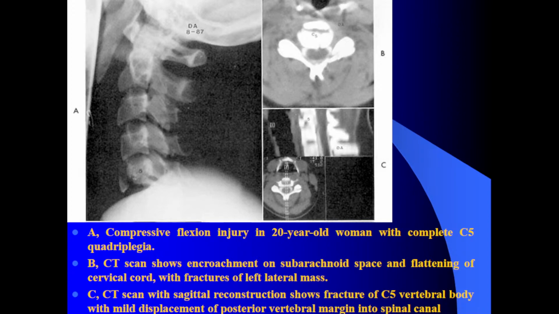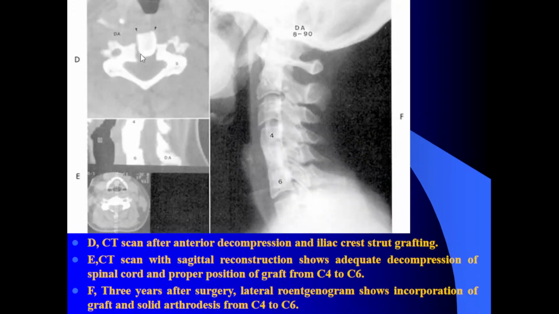Once again, you can see the damaged vertebra on the lateral plane X-ray, and here on the CT scan you can see that the vertebral body is completely split from the arc and facet joints. So actually we have complete splitting of the anterior and middle column from the posterior one.